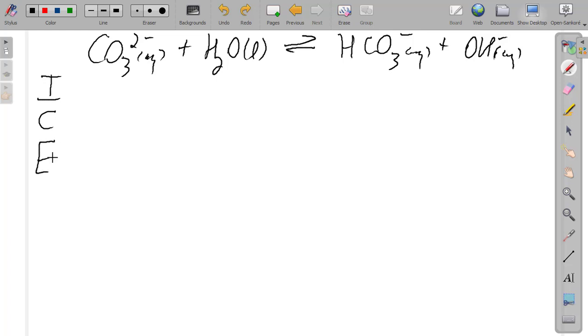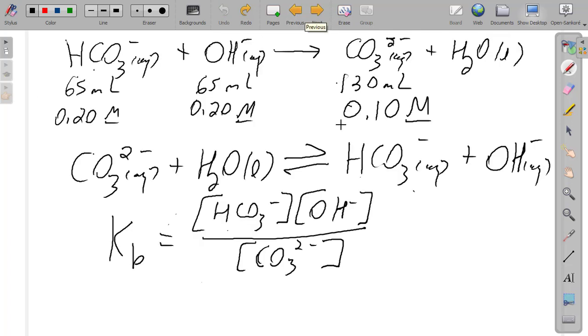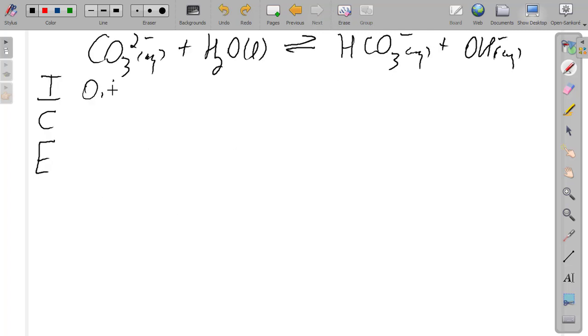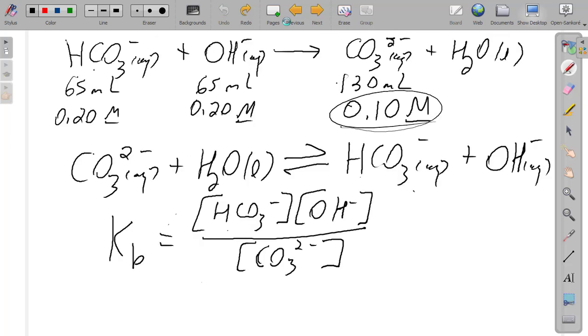All right, so now, from this previous information, we found that the initial concentration of carbonate is 0.1 molar. That was the whole point of understanding double the volume, halve the concentration. Water is liquid, so again, we just X out that column. And because we went all the way to the right in this reaction, that means there was none of these left. It's all this.